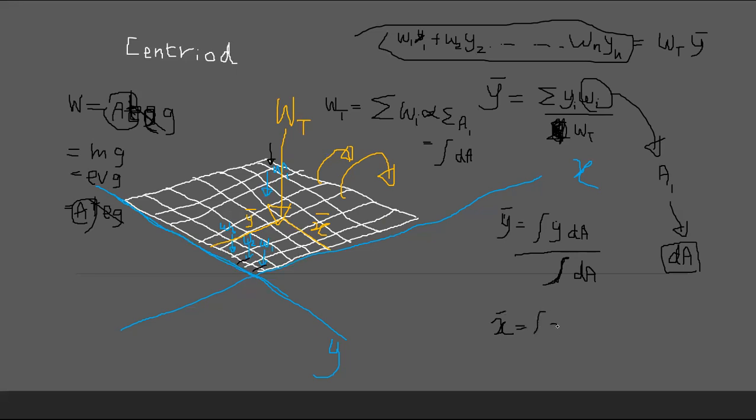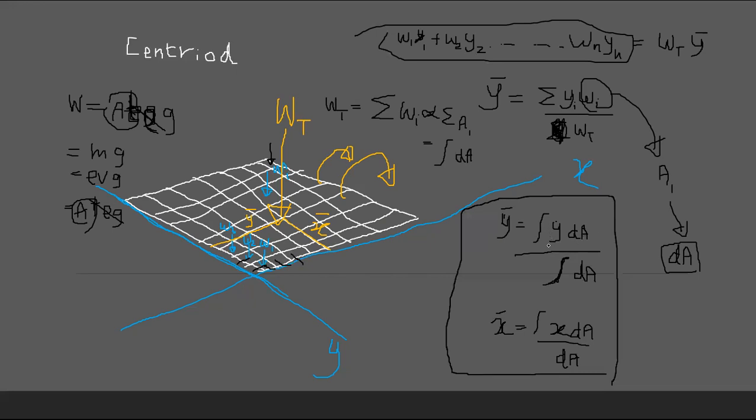To find x bar, this is going to be, this is the x distance, okay? x dA over dA. So where will you actually use this? You can use this in any place. What is this saying?